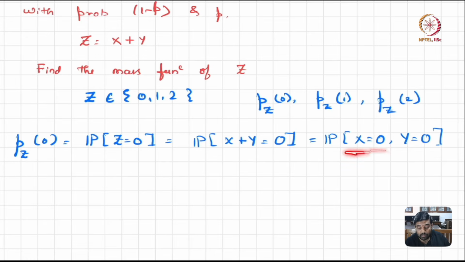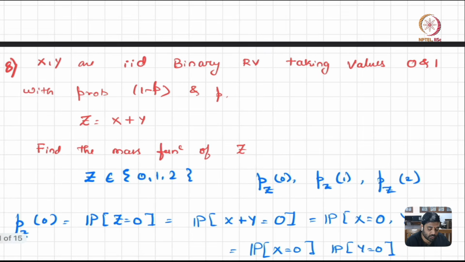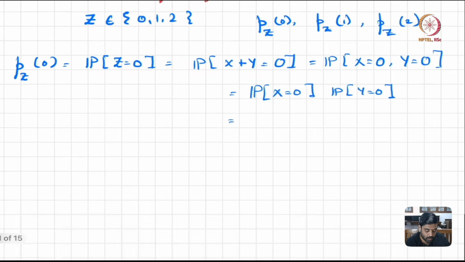Now you see, X and Y are IID. I'm just using the independent feature here. Now this I can write as probability that X equals 0 times probability that Y equals 0. Okay. Now what is the probability that X equals 0? The probability that X equals 0 is 1 minus p.